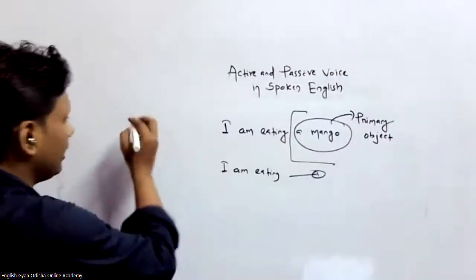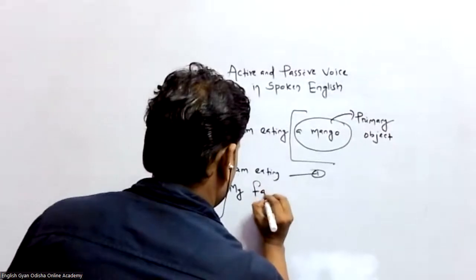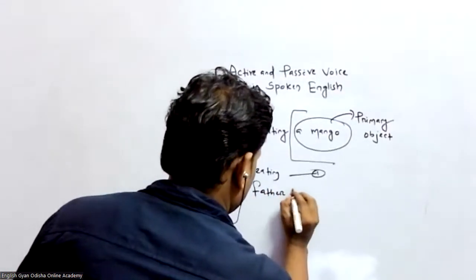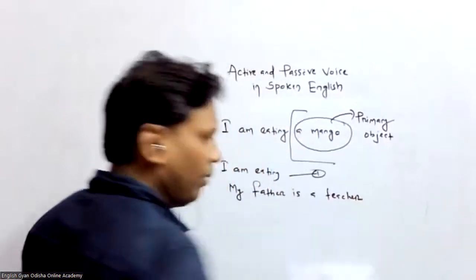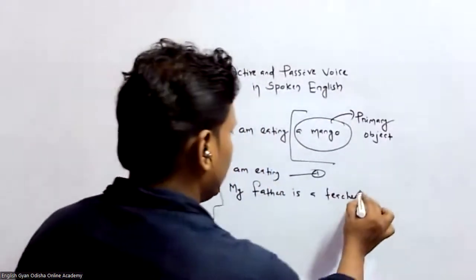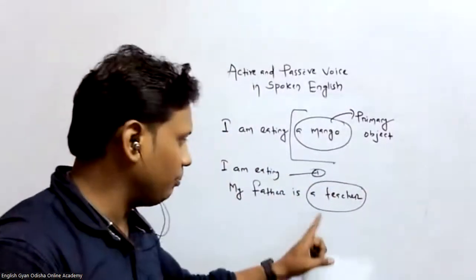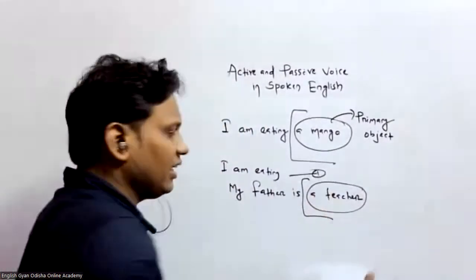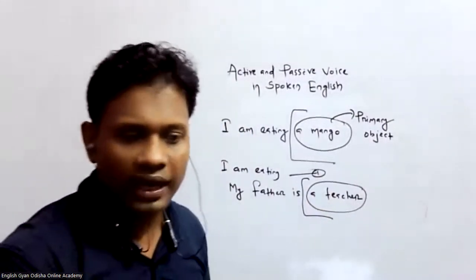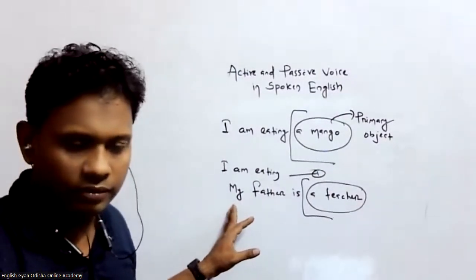Look, suppose I say, my father is a teacher. If you remember, I have already informed you, a teacher is a complement, not an object, right? It completes the sentence. If I take it out, then my father is, it doesn't have any meaning at all, right?